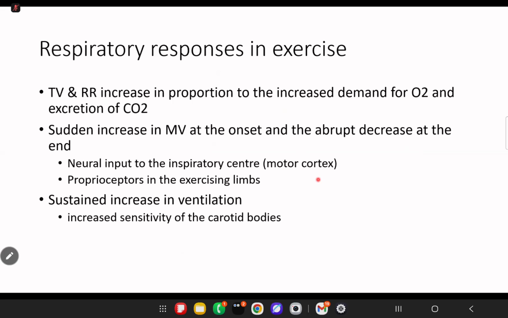Right. So let us now look in depth at what the respiratory responses are. Your tidal volume and your respiratory rate usually increase in proportion to the increased demand for oxygen and excretion of carbon dioxide.